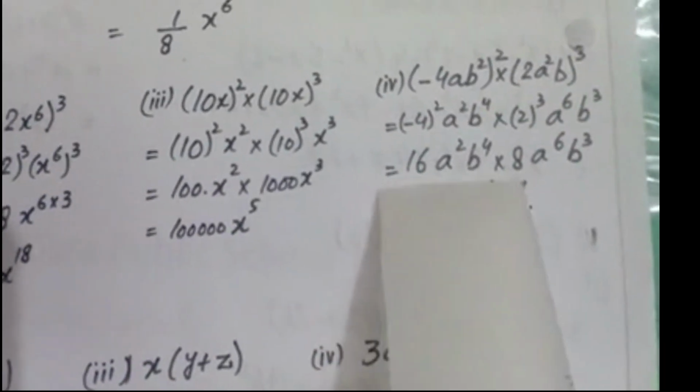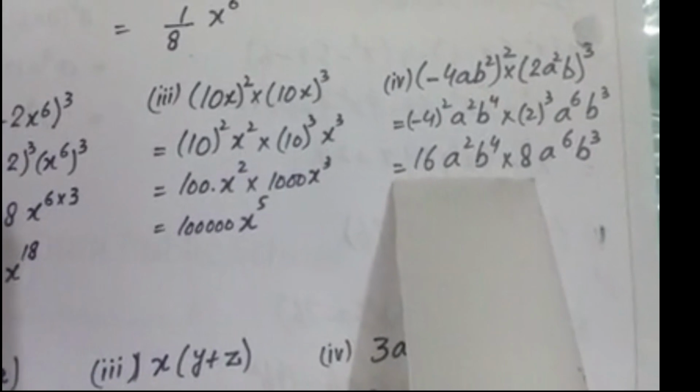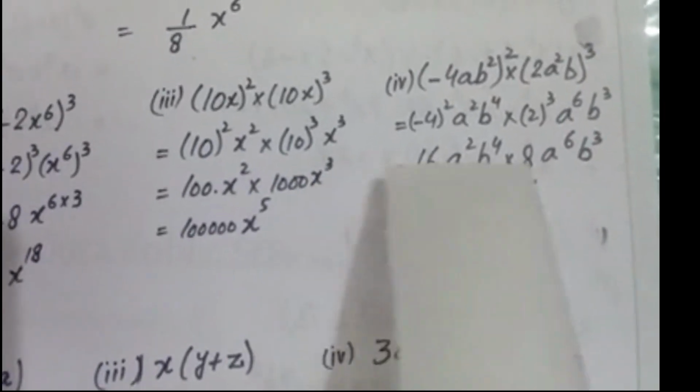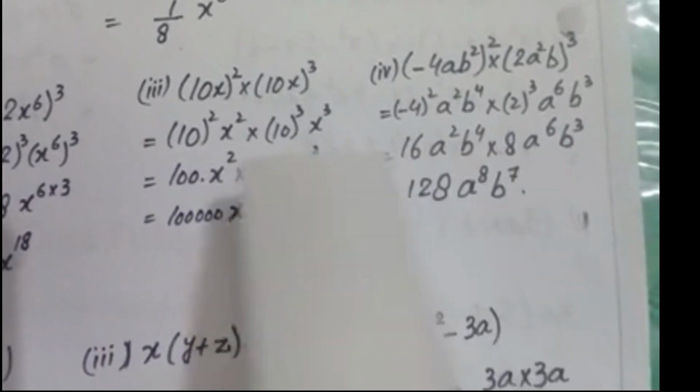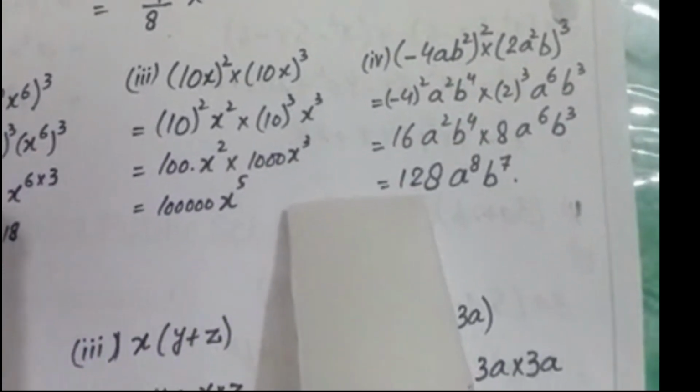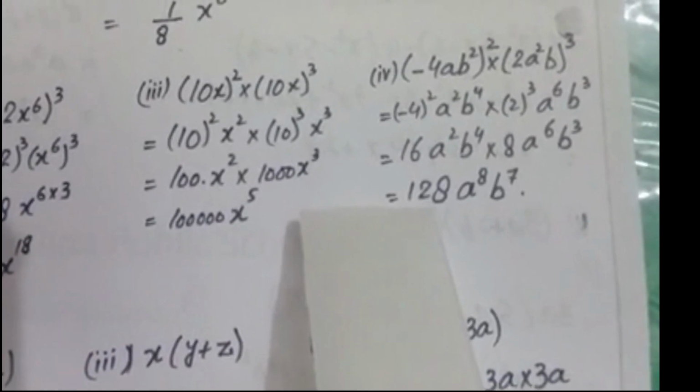Now we are going to multiply these. 16 multiplied by 8. First of all multiply the coefficients of these expressions. 16 multiplied by 8 will be 128, and then similar terms a² and a⁶ having same base but different powers. Powers will be added in multiplication. So this will become a raised to power 8.